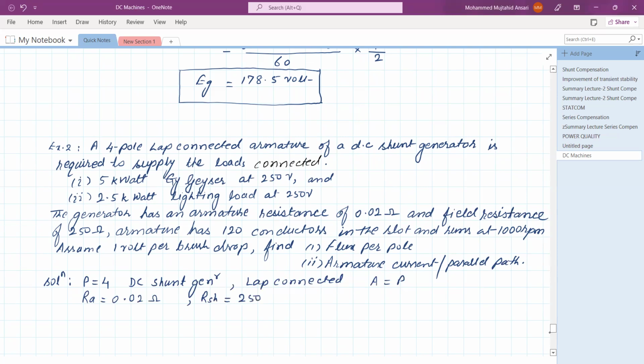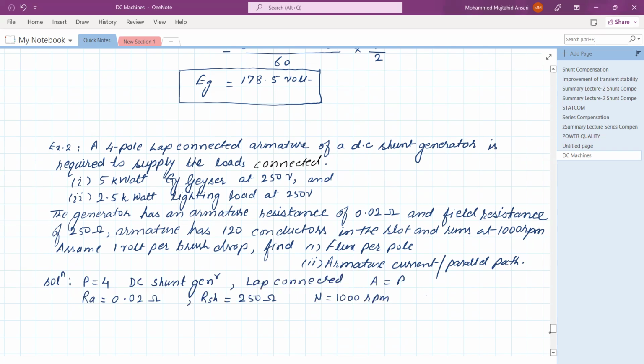The shunt resistance is always higher because it is connected in parallel with the supply, whereas armature and series field resistances are very small because they come in series with the load. The speed N is equal to 1000 RPM.